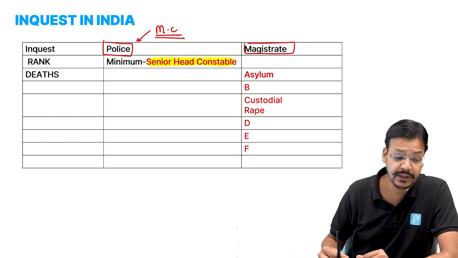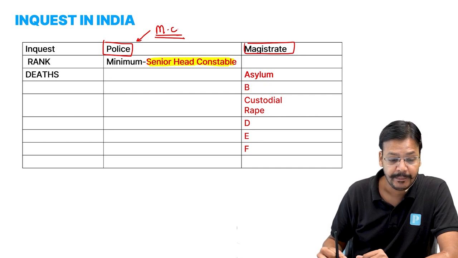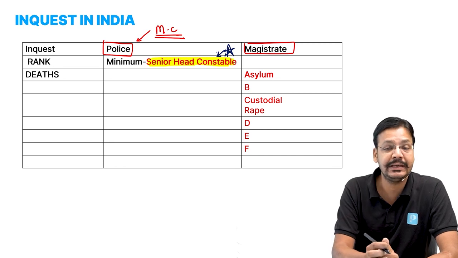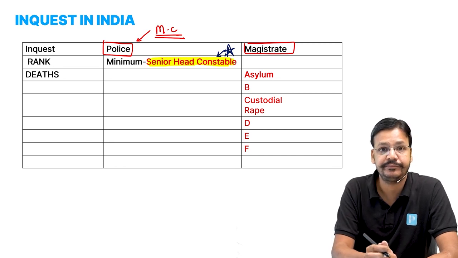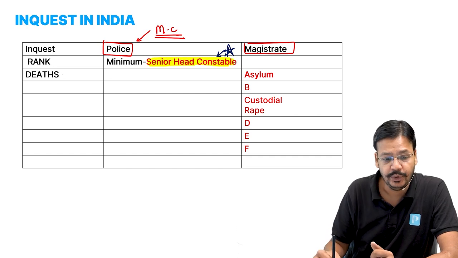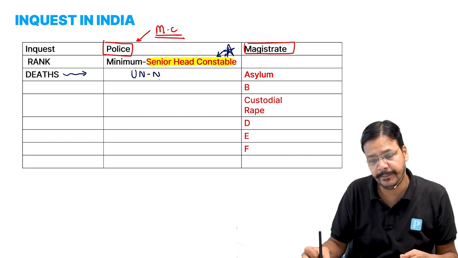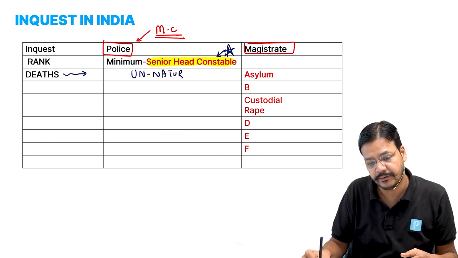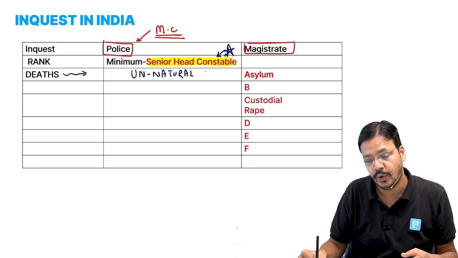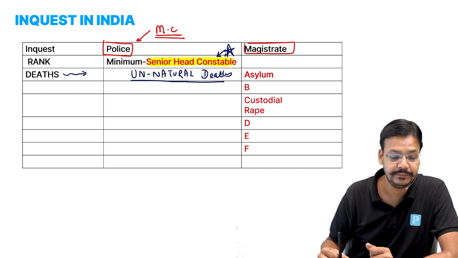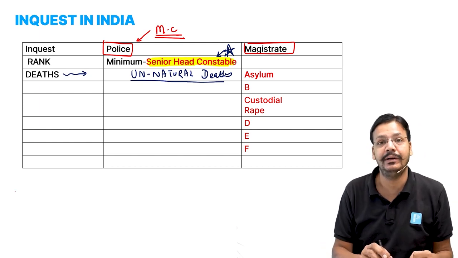But the question comes, what is the minimum rank of police officer to conduct the inquest? It is senior head constable. And as I told you, it is most common, so it is done in all types of unnatural death. Everyone knows the meaning of unnatural death: any death which is not natural.